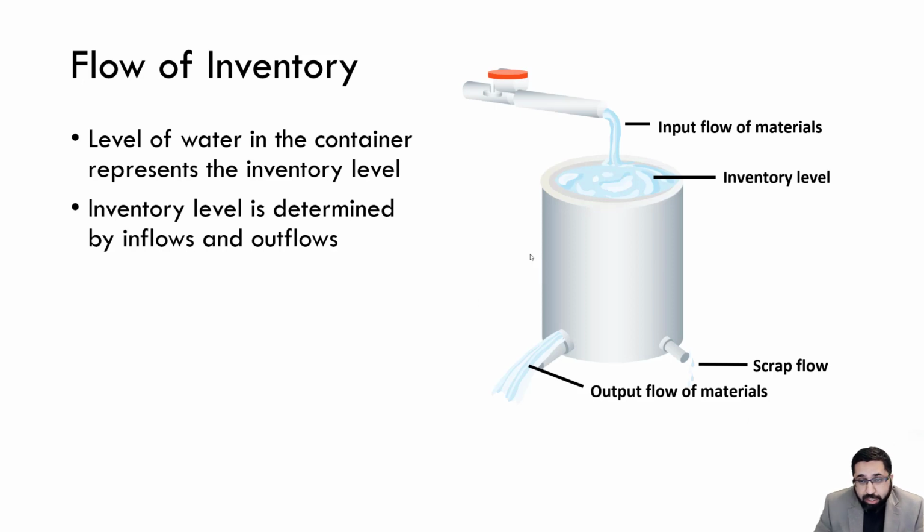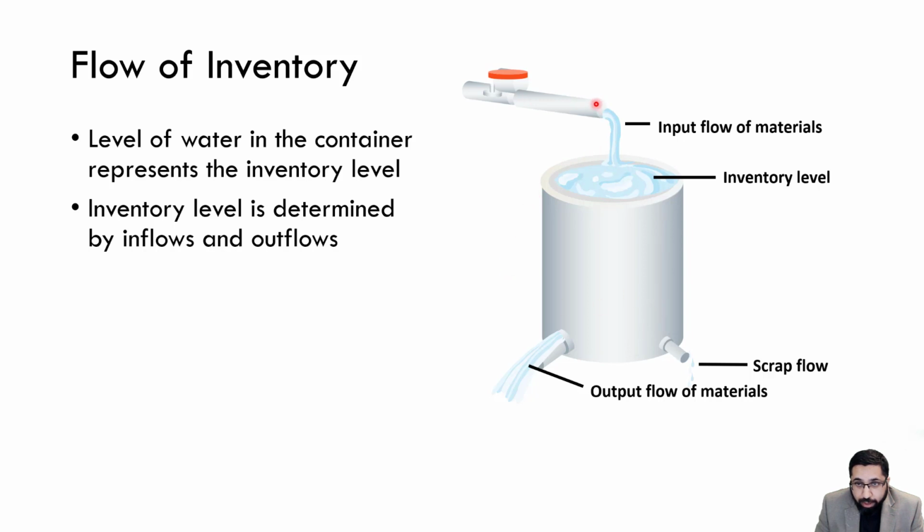Now, you can think of inventory as water in a container. If you look at this picture, there is water coming in. That is the inflow to the inventory pile or the inventory stock.